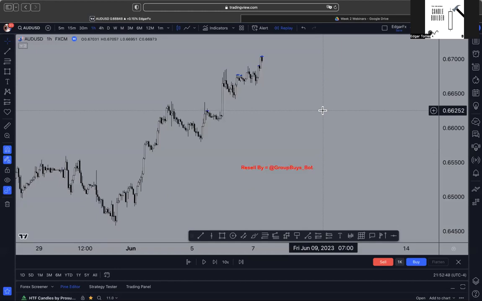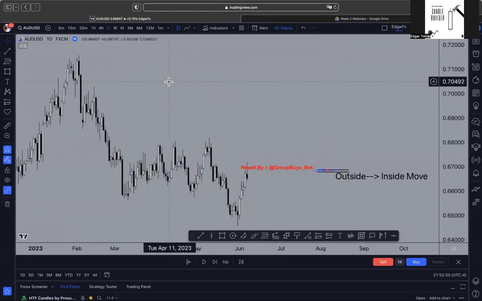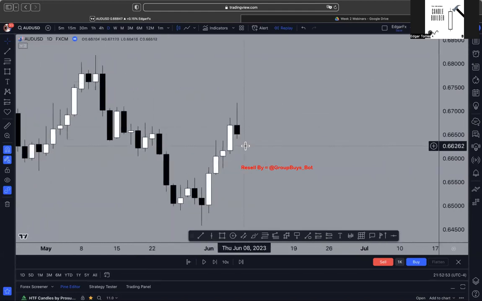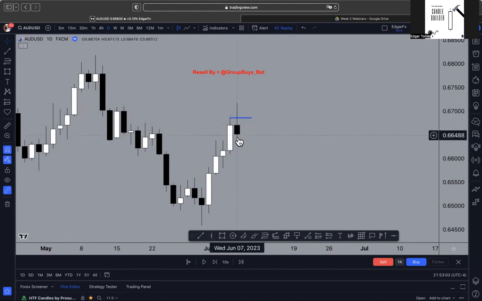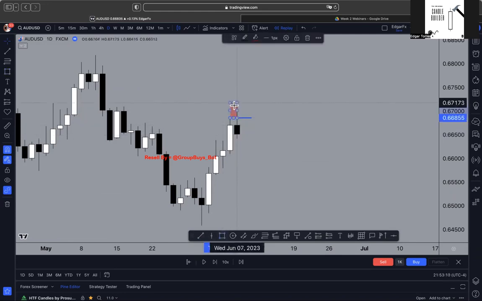So if I'm on a daily chart, for example, in this day it ran out the previous day high and then ran back inside of the previous day's candle body. So you can take advantage of the position that the market was in when it was out here to look for sell orders and look for exit somewhere inside of this candle's body.